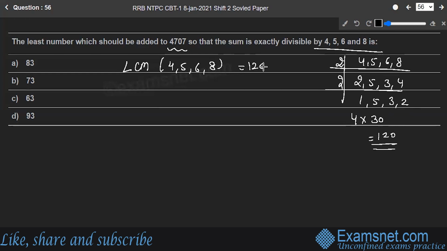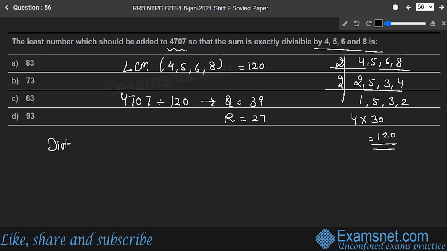So let's divide 4,707 by 120. The quotient in this case is 39 and the remainder is 27. When you solve it, you will get this.